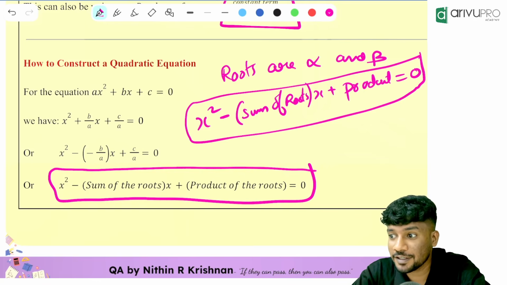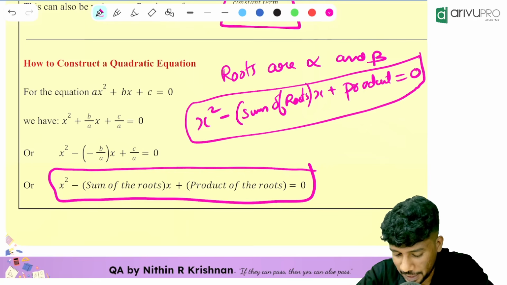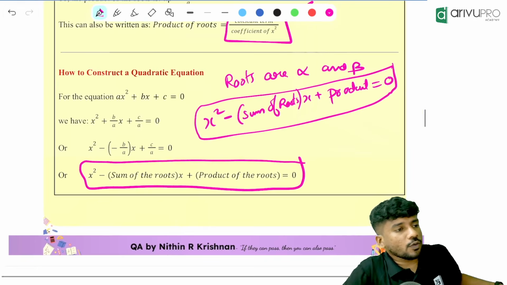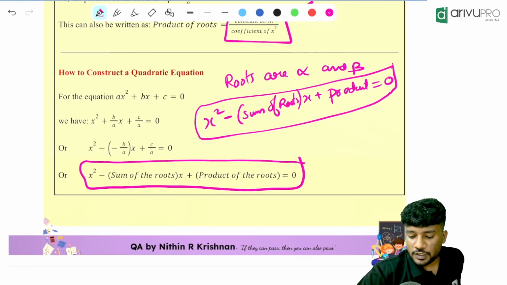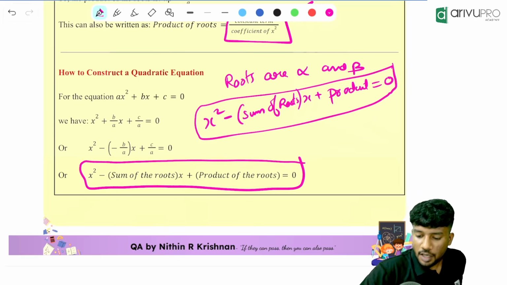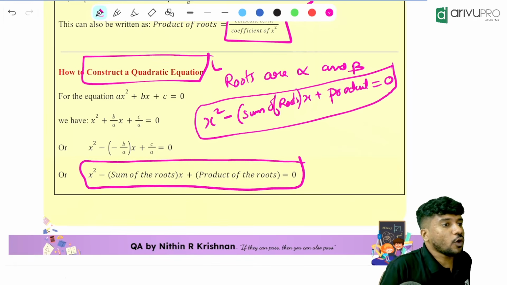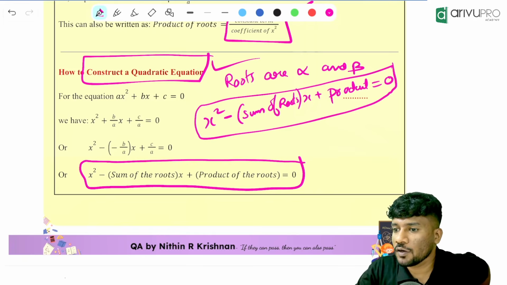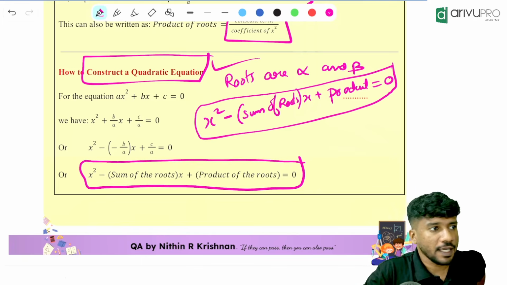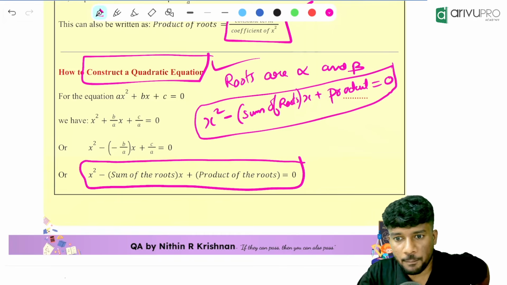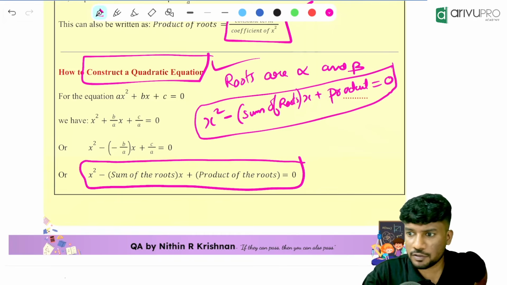It is based on this. Make a note of it. x square minus sum of the roots into x plus product of the roots is equal to 0. This is the general way of constructing a quadratic equation. I hope everyone made a note of it.